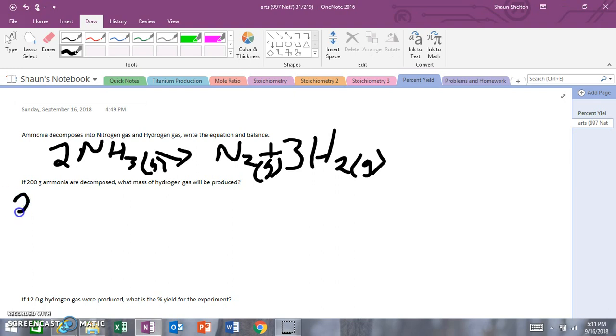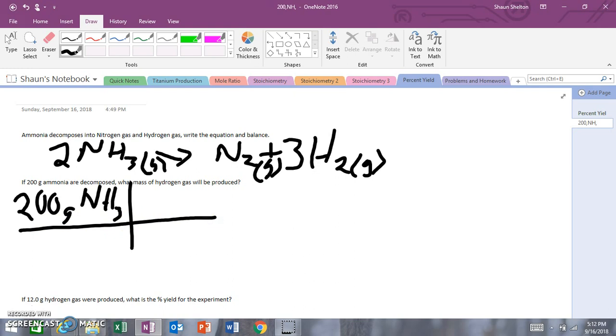So we're going to take 200 grams of NH3, and we're going to convert that into moles. So you're always going to convert your grams into moles. And then moles will get converted into moles of hydrogen, and then finally moles into grams. So those are the basic steps that you're going to use in the calculation.